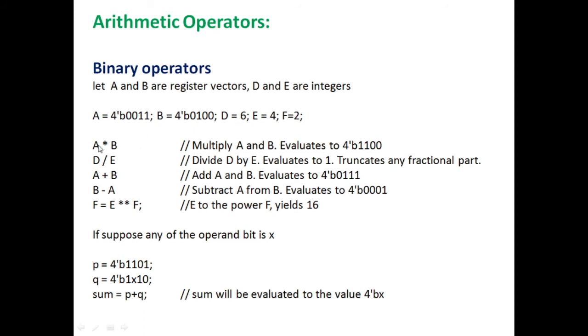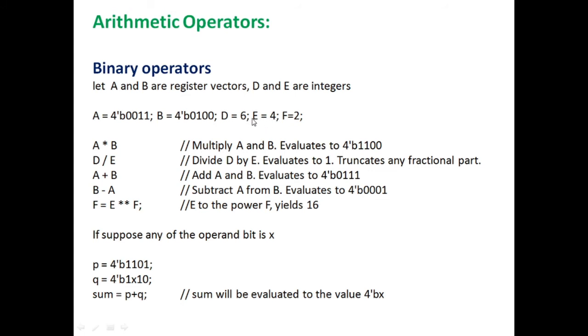If I want to perform multiplication, I use the operator A times B. It evaluates to, like, decimal 3 times decimal 4, which is 12. Let me obtain the result in binary format also. This is multiplication, and this is division, D by E. D is 6, E is 4.